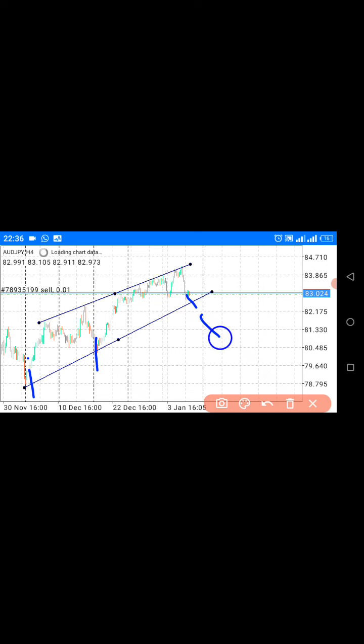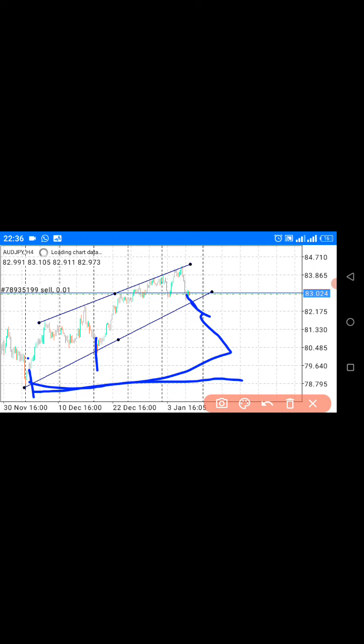I'm possibly expecting a breakout from this place, and if I have that breakout, I will be assured that price will reach here. That is why I love this pattern very much, because when it follows your prediction, it gives you a large pip to capitalize on. It's a nice trade to capitalize on.